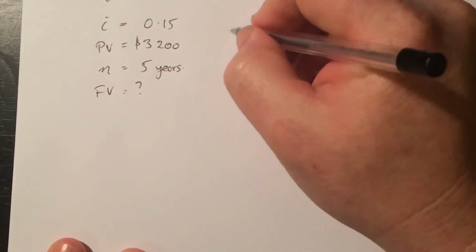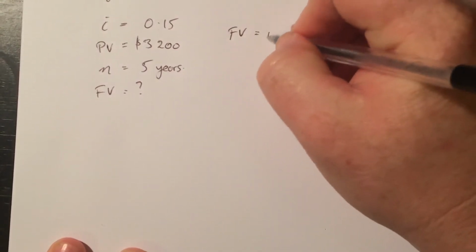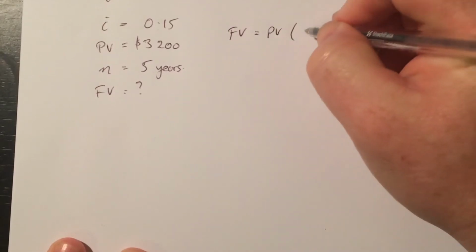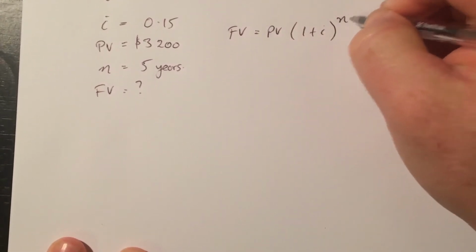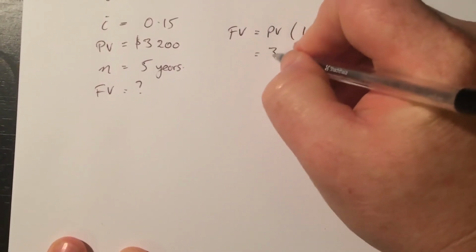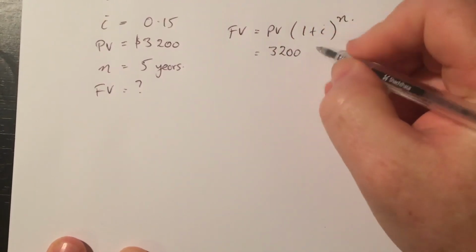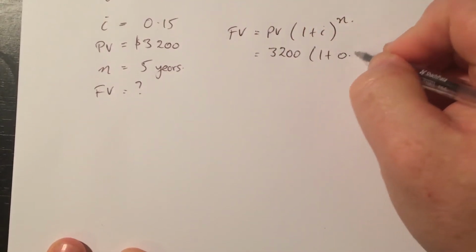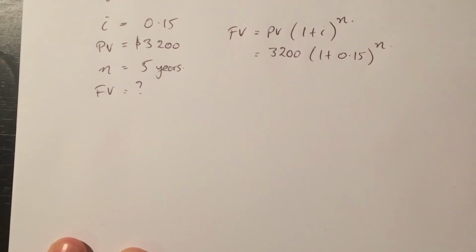So in this case we're going to apply our formula, future value equals present value times 1 plus I to the power of n. So that would be 3,200 times 1 plus 0.15 to the power of n.